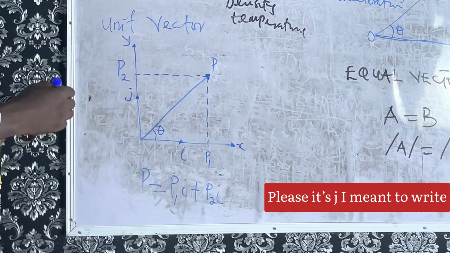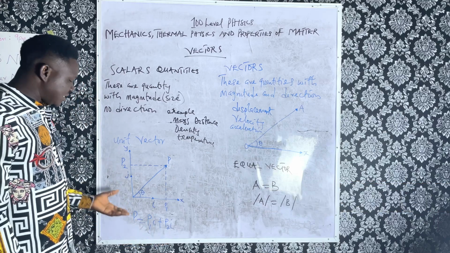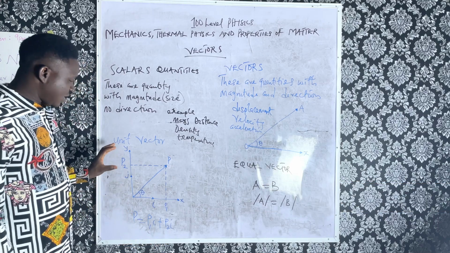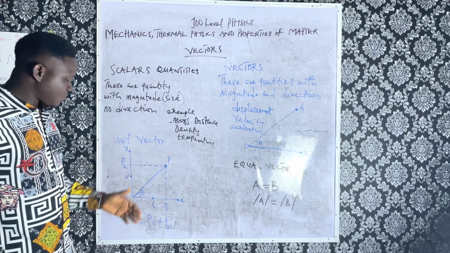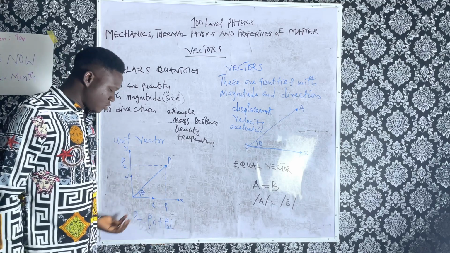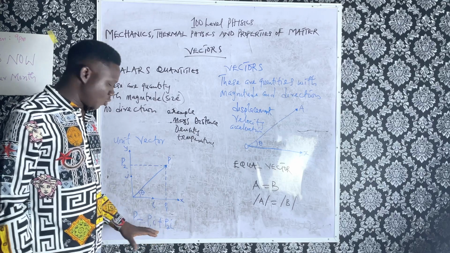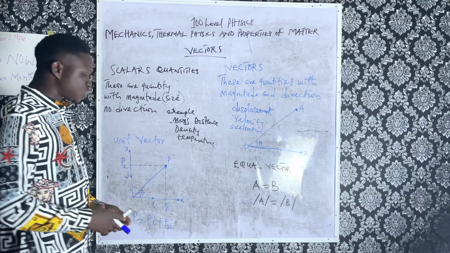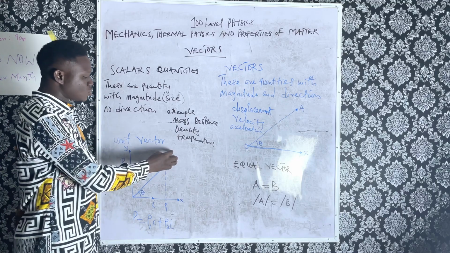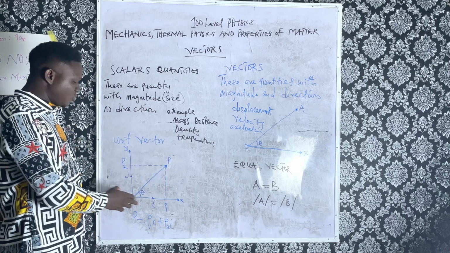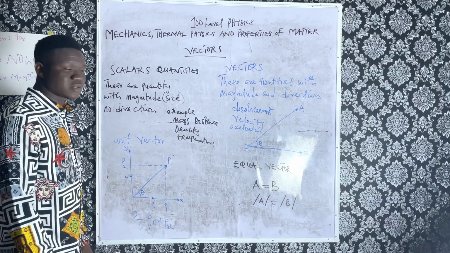This is what gives you the total sum of P. If I want to get the resultant force, we'll get to that; this is not the formula for it, we'll use another method. But for this case, the total P moves along the y-axis and the x-axis. This is just a representation of it.